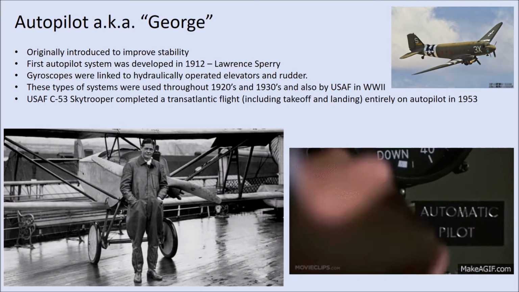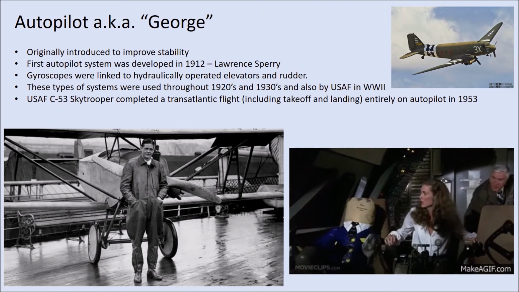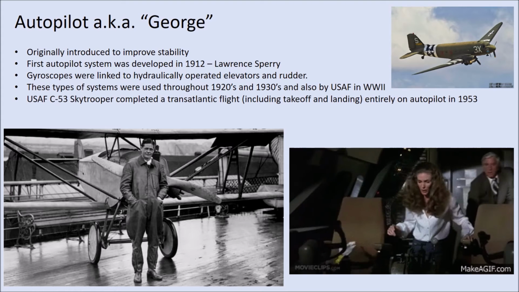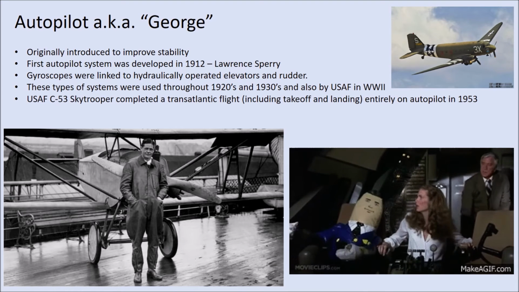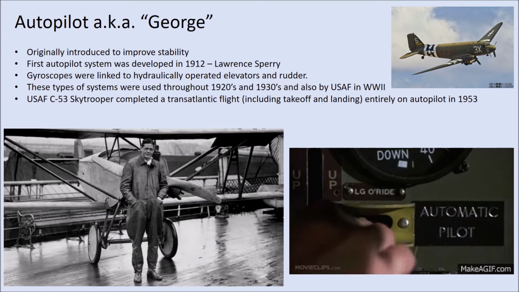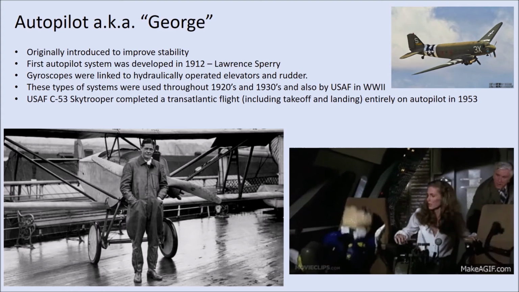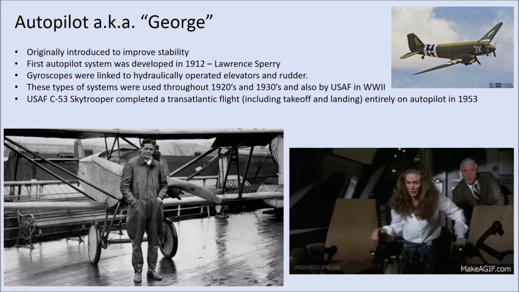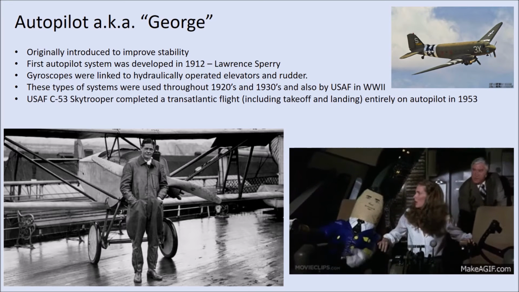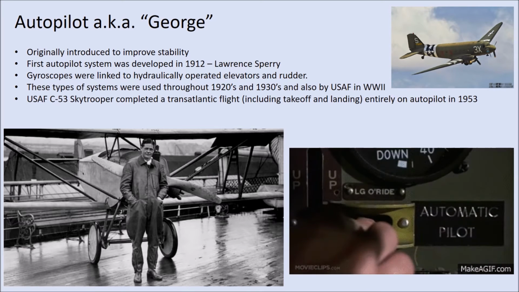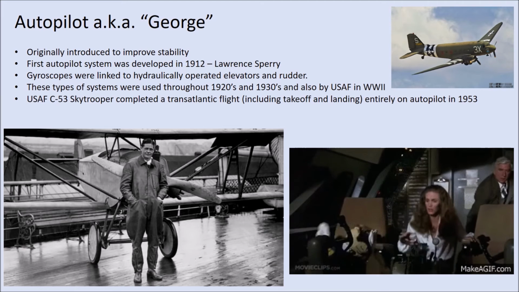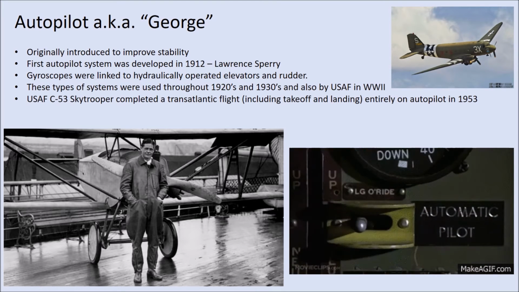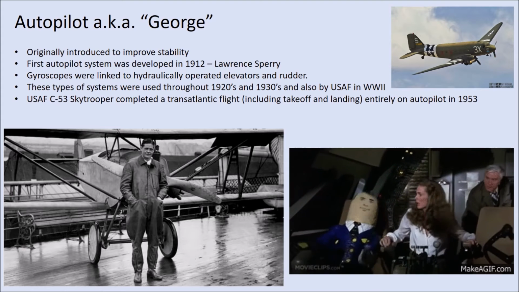By the way, it was already acknowledged at that time that it was wing dihedral that helped with roll stability, which is the reason why his system wasn't also fitted to the ailerons. So this system was quite successful and was used throughout the 20s and 30s on a number of aircraft, and also used successfully by the US Air Force in the Second World War.